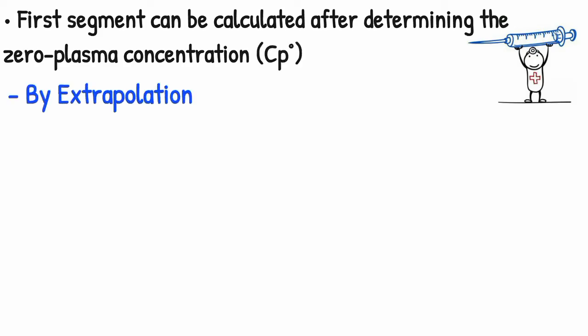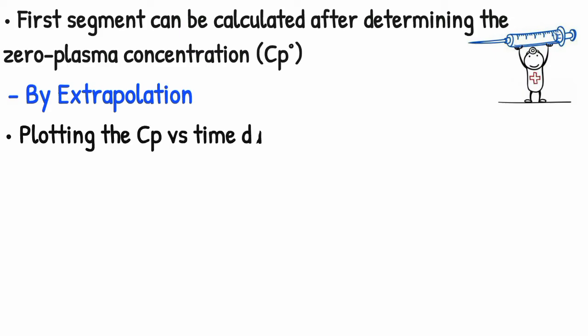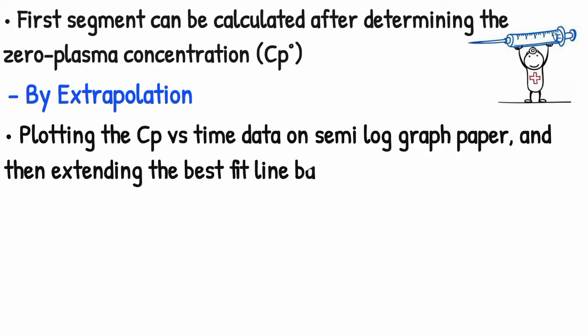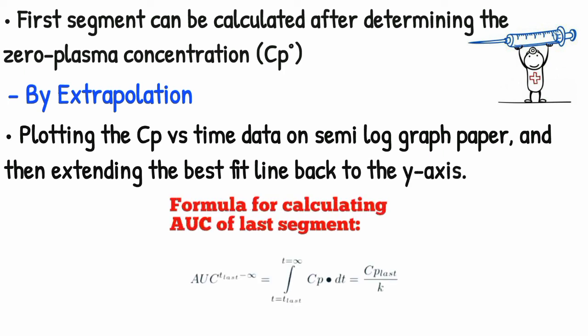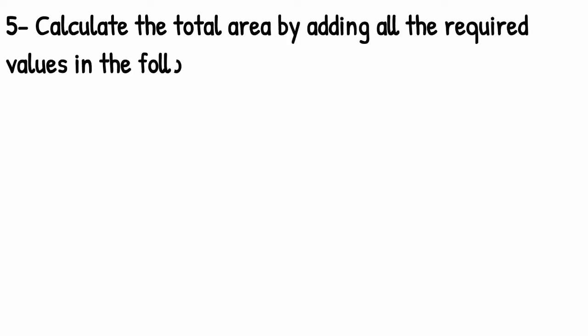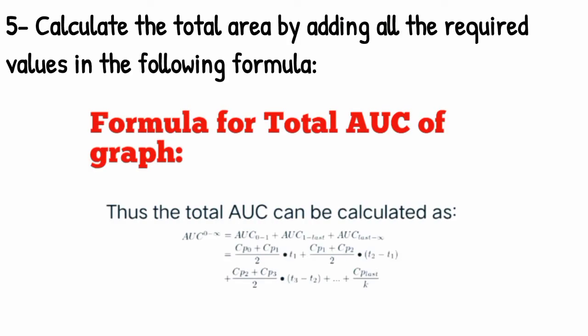That is done by plotting the Cp versus time data on semi-log graph paper and then extending the best fit line back to the y-axis. After that, the final segment can be calculated from the following equation. Then calculate the total area by adding all the required values in the following formula.